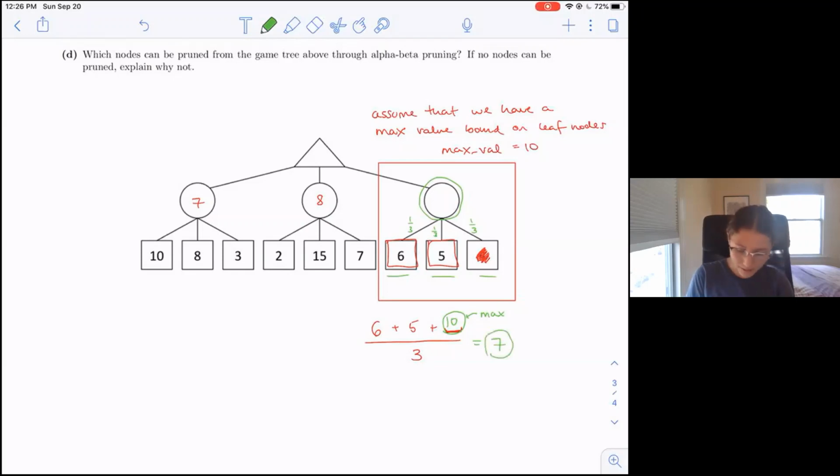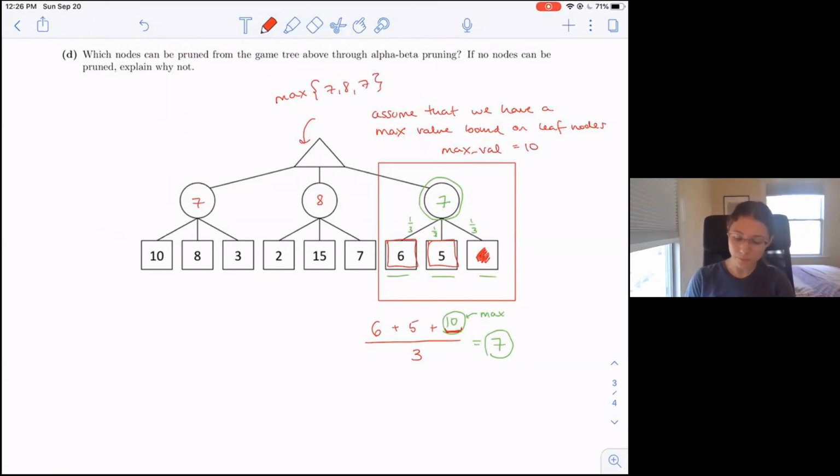So in the best case, if this final leaf node takes a value which is equal to our upper bound, or 10, the best we could ever do in terms of our chance node's final value is going to be 7. And we can see here, well, 7 isn't actually going to be picked when this ultimate maximizing node is taking its max, because it's going to be choosing between 7, 8, and 7.